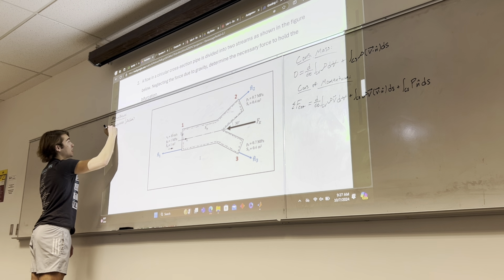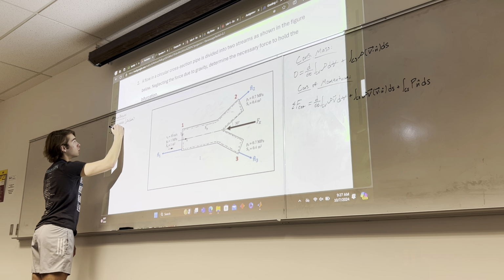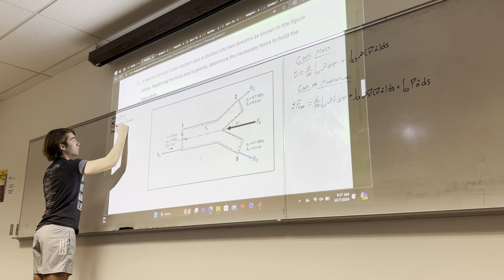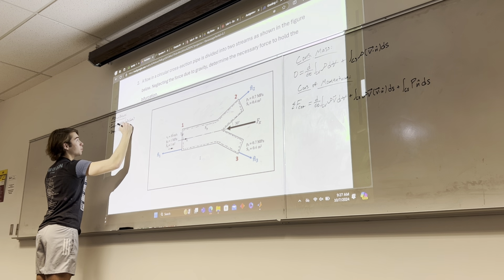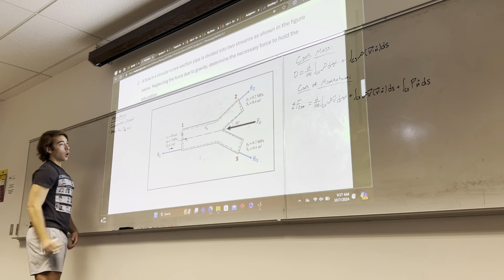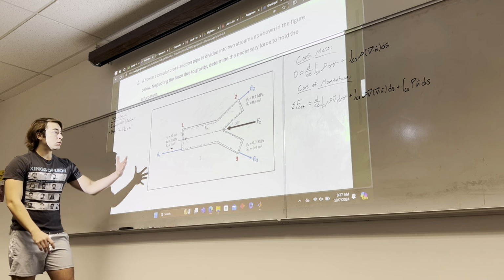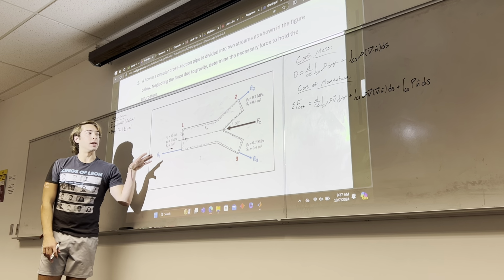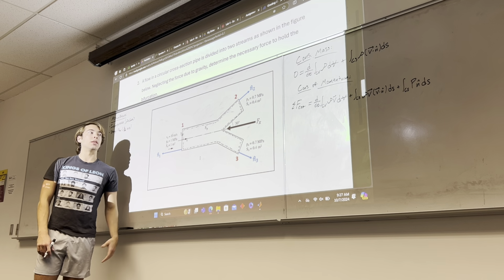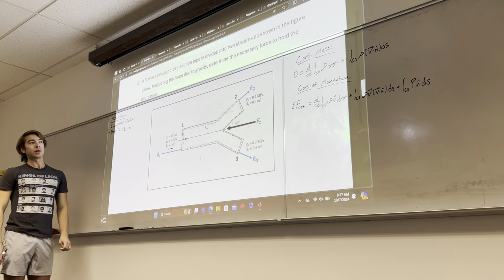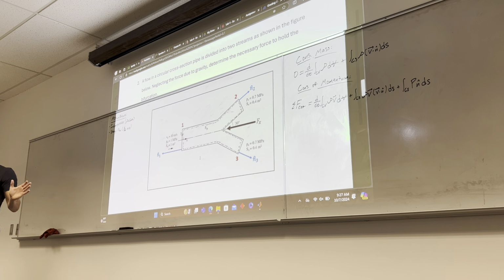Let's see, this is steady flow. We've got steady flow, so that time derivative term can go away, which is always sweet. And we know this is steady flow because there's no time velocity gradient coming in or anything, and the control volume's not changing at all. So actually, I forgot to mention that in the last one.